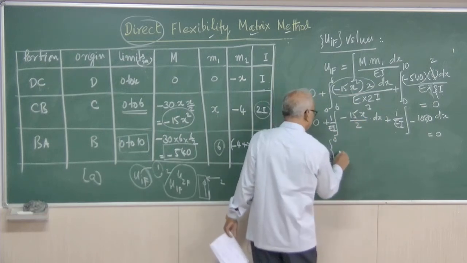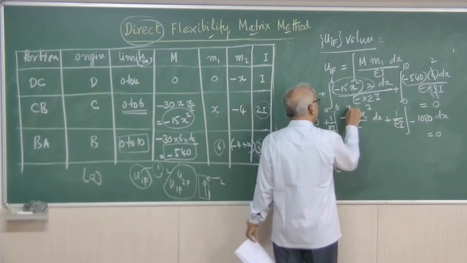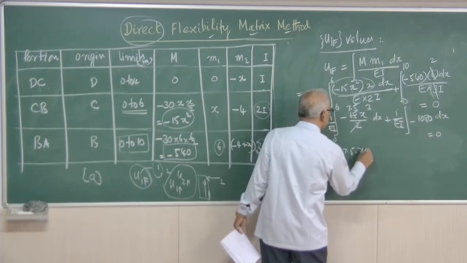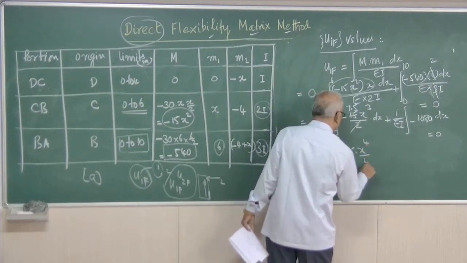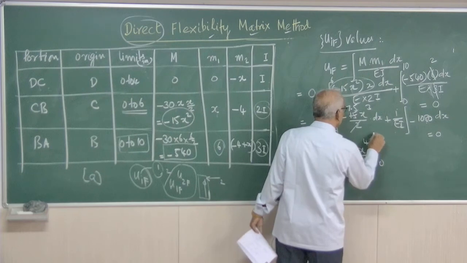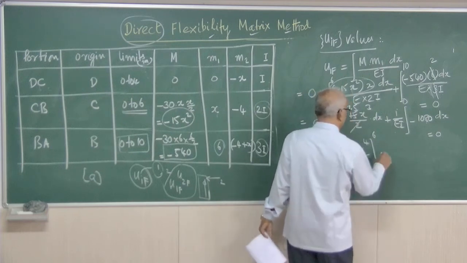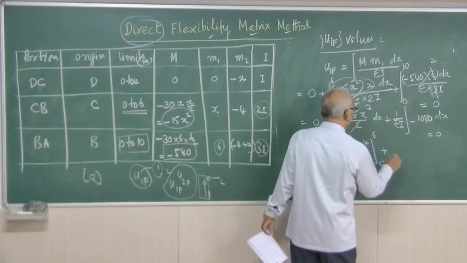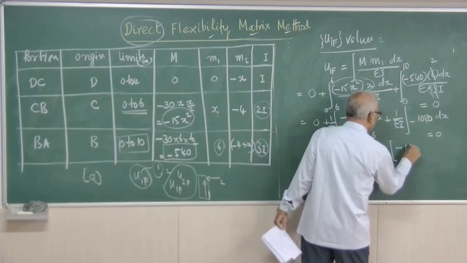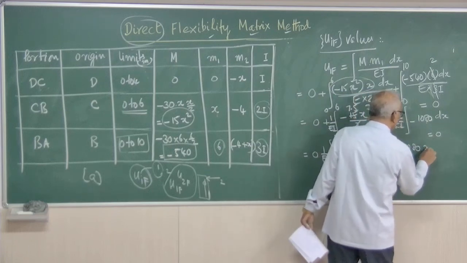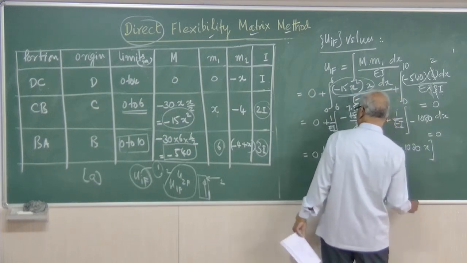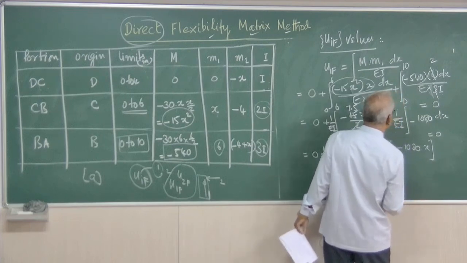Now this we can make 7.5, so minus 7.5 x to the power 4 by 4 on integration, limits 0 to 6 meters, plus again 1 by EI outside, into minus 1080 into x, with limits 0 to 10 meters for the third one.